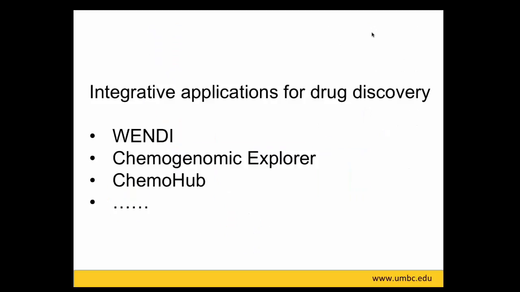Next I want to talk about some of the efforts we have made for the integrative applications we have built for drug discovery. I will talk a little about three of the systems: one is called WENDI, another is Chemogenomic Explorer, and ChemoHub, and some others I'm not including in this talk.